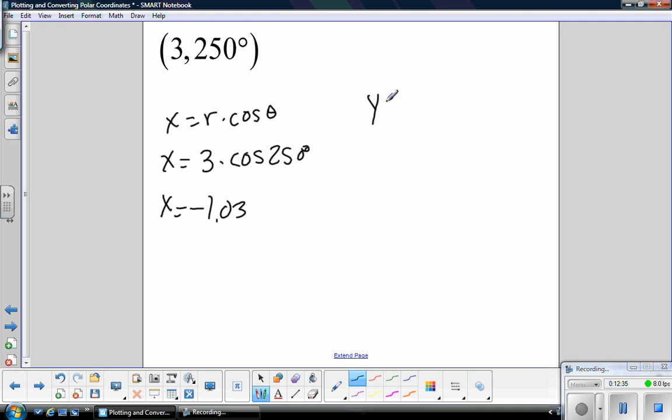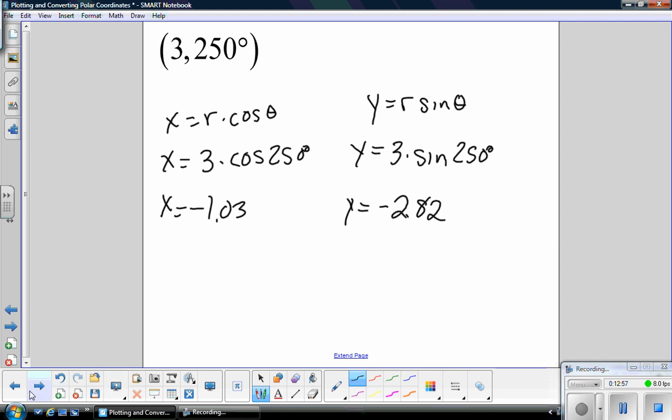Now y is equal to r times the sine of theta. So y is equal to 3 times the sine of 250 degrees. So y is equal to -2.82. So that's just plugging and chugging into the formulas.